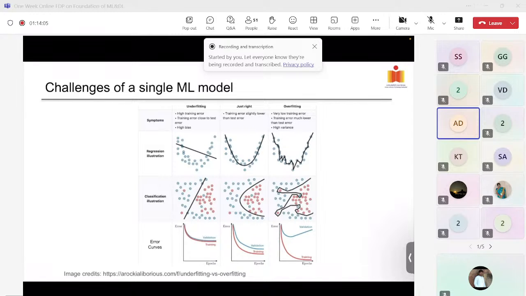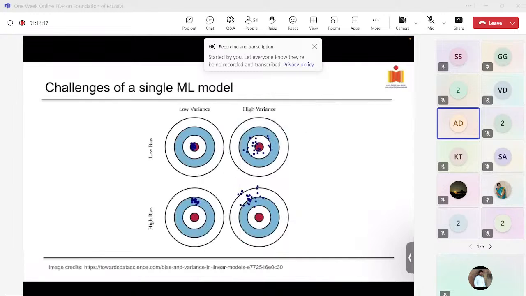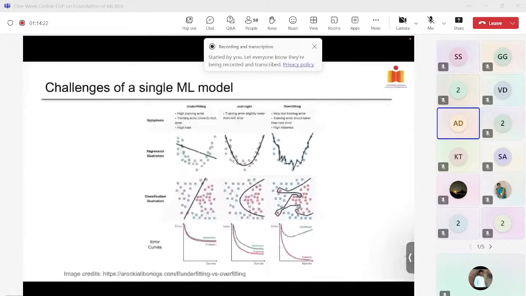Okay, any doubt in this? Because it's a very important concept if people are going for interviews. I've faced so many interviews where people instantly ask what is the difference between overfitting and underfitting, and then they keep on going into how it is connected to variance and bias and everything. So I hope people are able to connect variance and bias with underfitting and overfitting. In underfitting, you have high bias, whereas in overfitting, you have high variance.